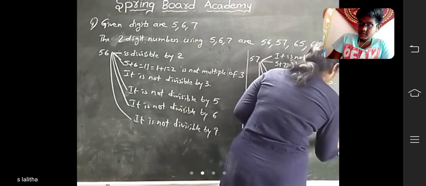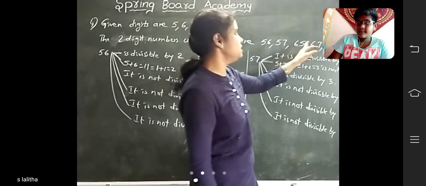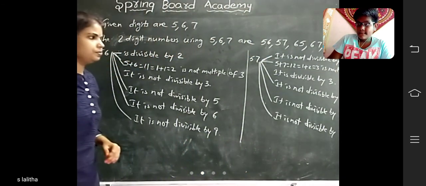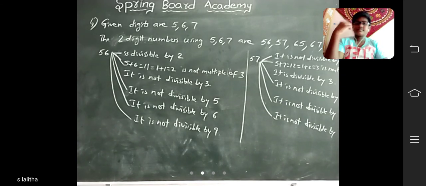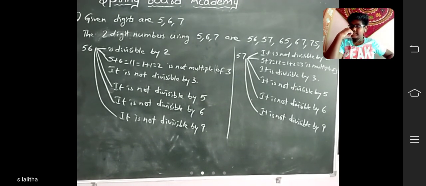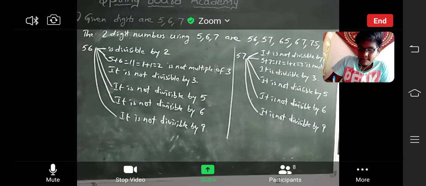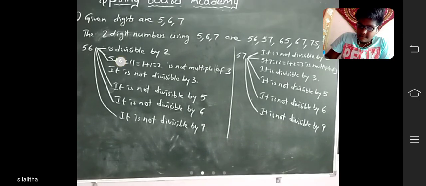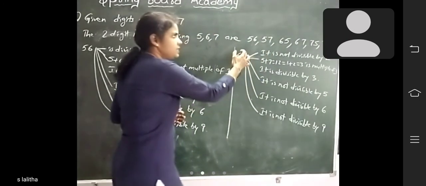Okay, children? Like that you can do remaining numbers also. Come on, do. Children, here we have completed 56 and 57.